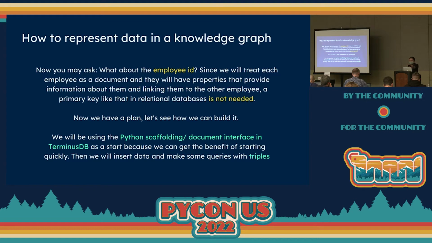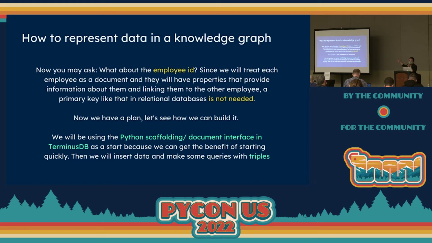How can I make sure that is unique? In TerminusDB, as I just said, if you insert a document, it will generate an ID for you. So if you insert the same document twice without an ID, when you're actually coding later, it will treat them as 2 separate things.